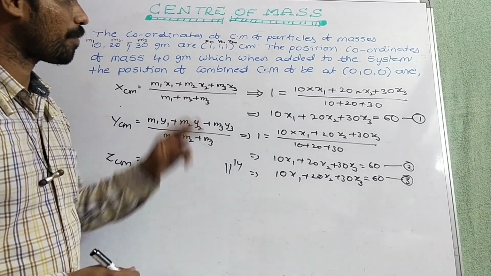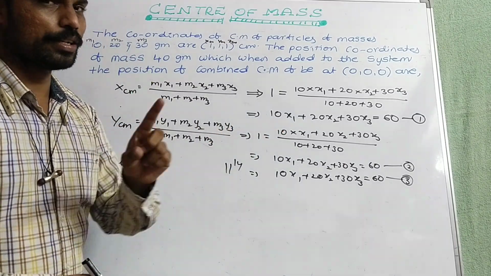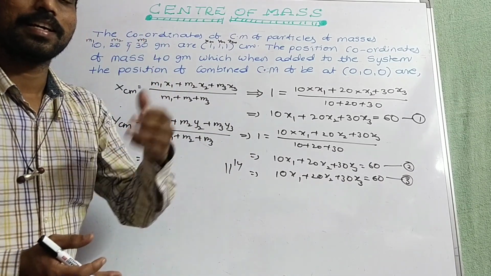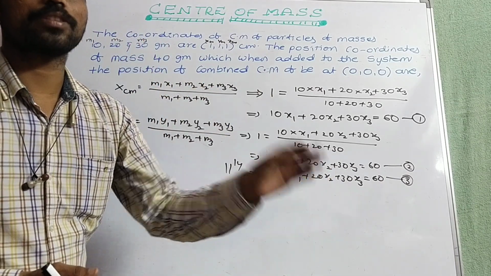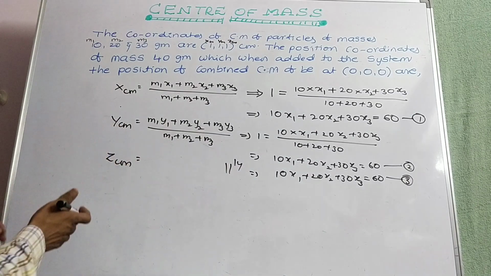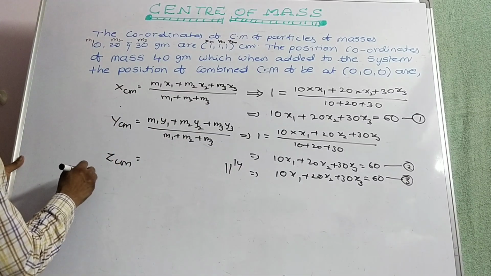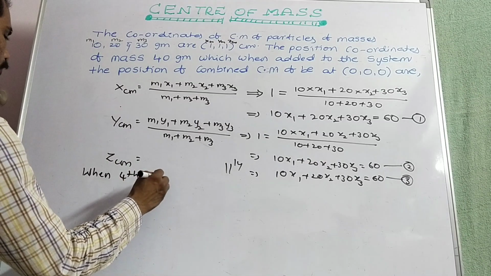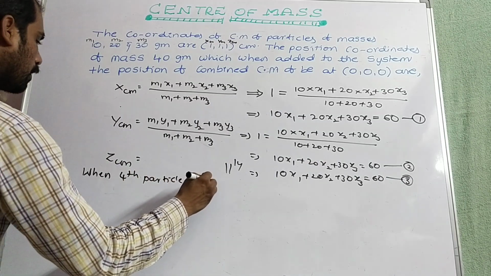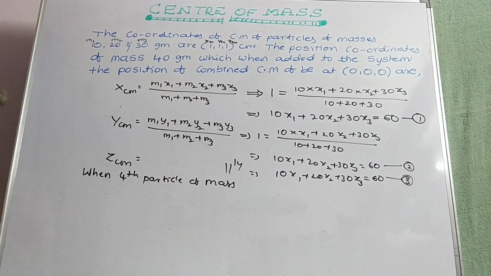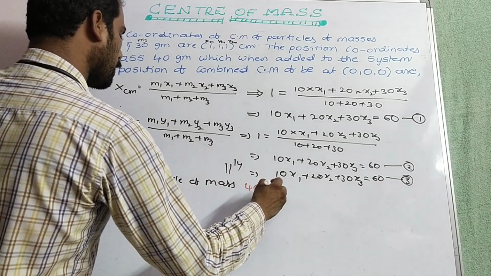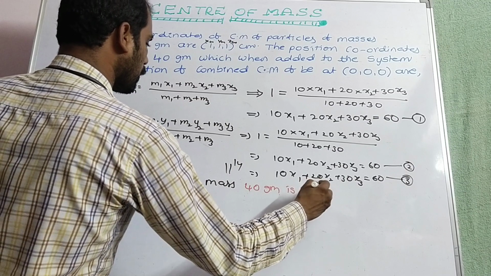So we need not find each and every coordinate, whether it is x1, y1 or z1, it is the same. So I will find it when the fourth particle of mass 40 gram is introduced.